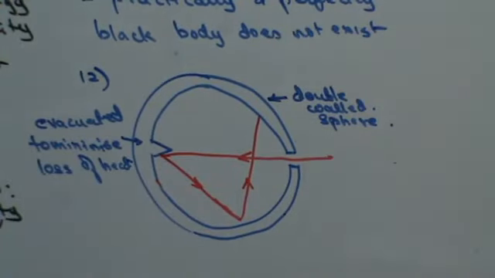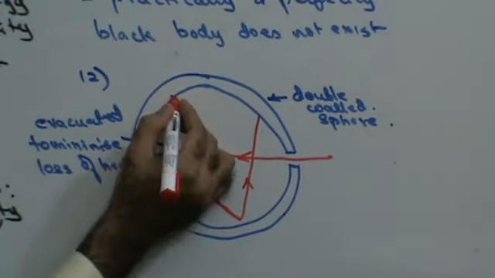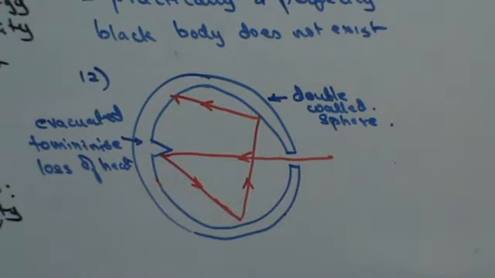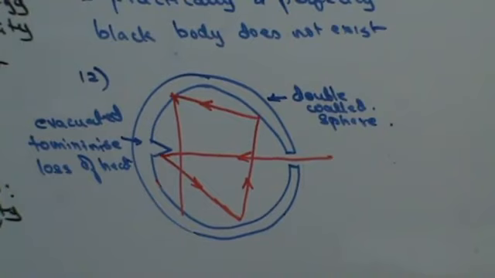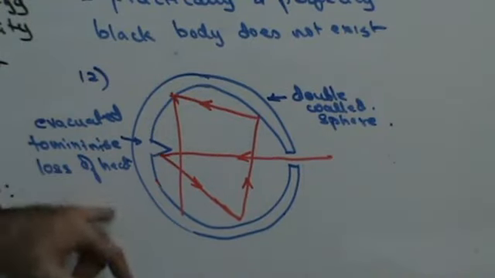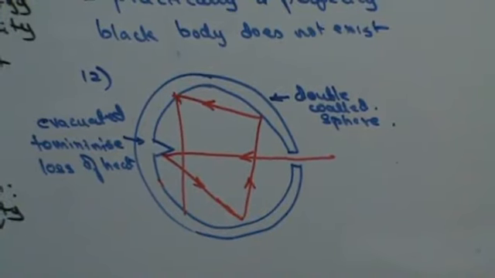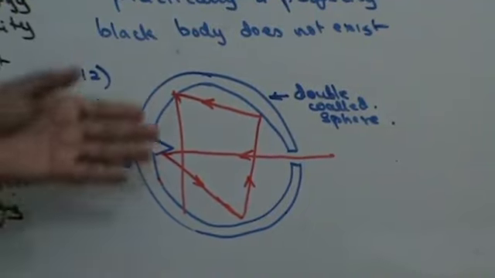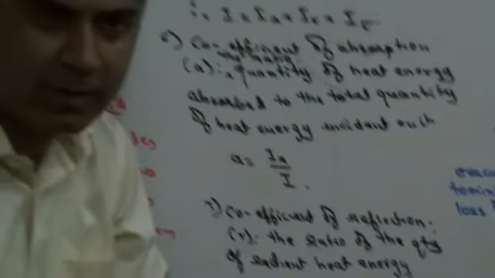Due to multiple reflections within this sphere, the amount of light energy that gets reflected with every reflection will go on decreasing, and after a point of time there will be no light energy reflected, and thus the total light energy would be absorbed. That's the reason why this is called a perfectly black body. So by making multiple reflections on the lamp black, I can make sure that the entire heat energy gets absorbed by the body.